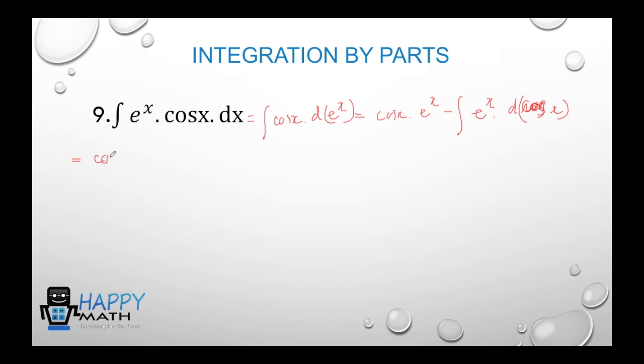And the first term is unchanged. Minus with e power 2x times with minus sin x times with dx. And the minus sign here, we combine with the minus and it becomes plus.